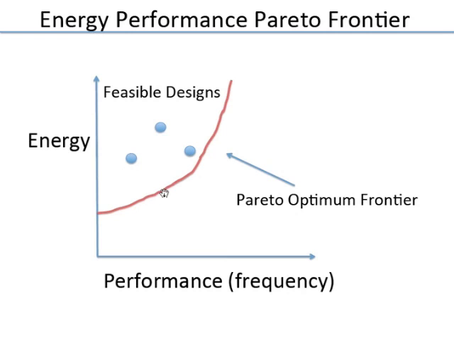Now, how do you know you are there or not? It can become a little difficult. One way could be to do local changes and see whether you are able to improve without degrading one of the two, because a characteristic of being at this frontier is that you will always have a trade-off. If there is a way to improve without affecting performance, then you know you can do better.